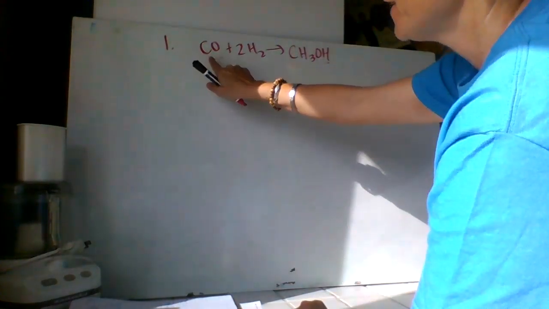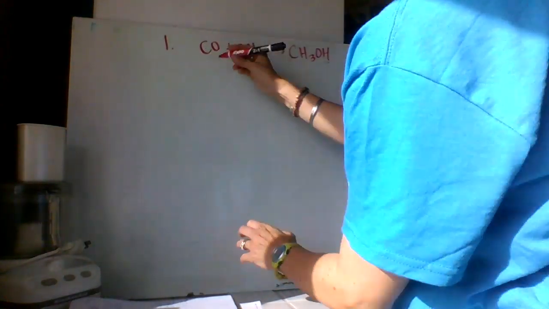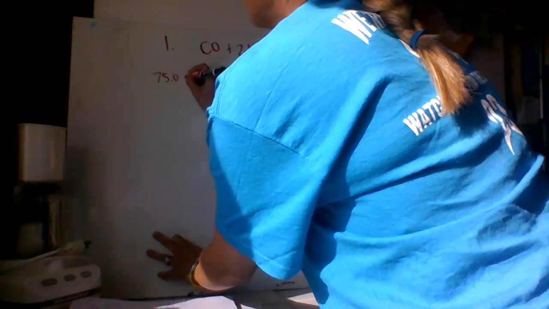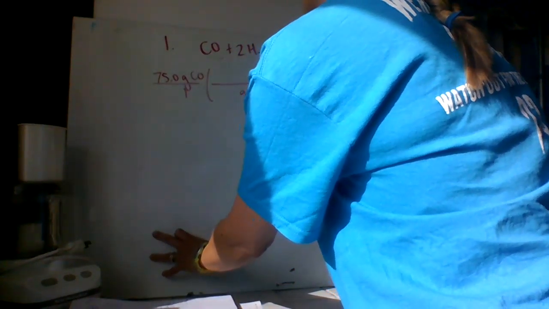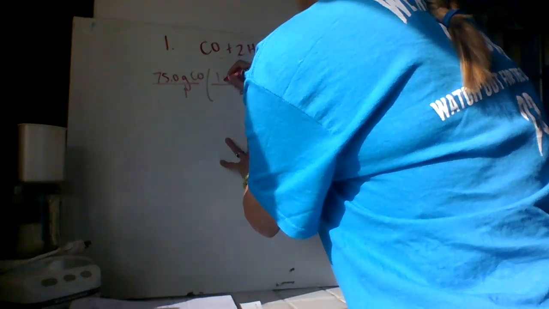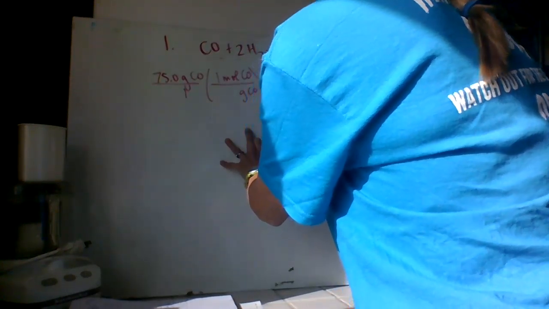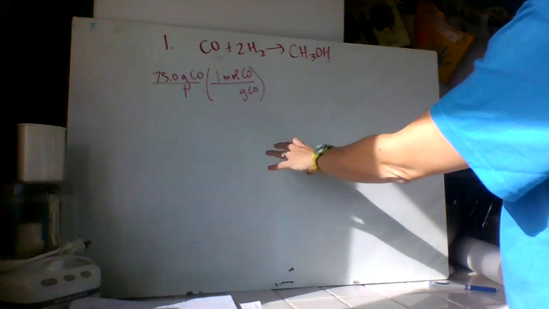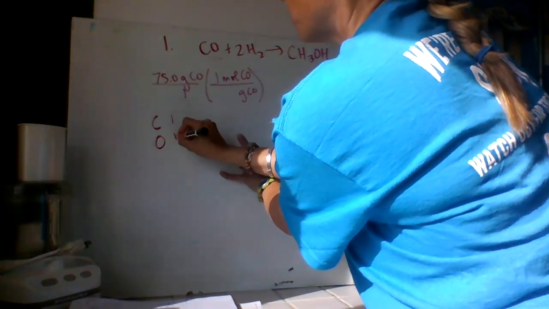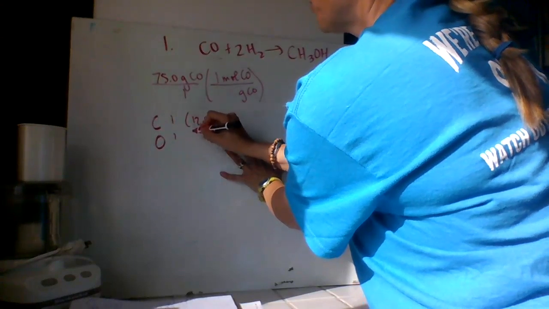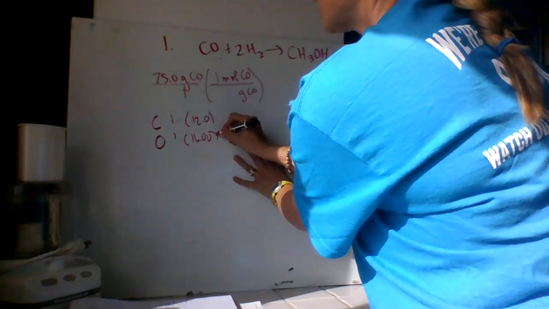So starting off with the amount of the reactant, 75.0 grams of CO. We need molar mass. We need the mass of CO in a mole to be able to use mole ratios. So carbon monoxide, 1 carbon, 1 oxygen, that's 12.01 and 16.